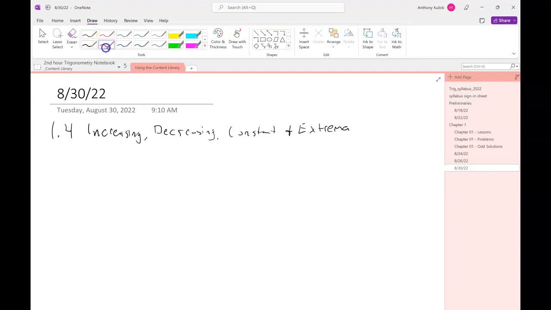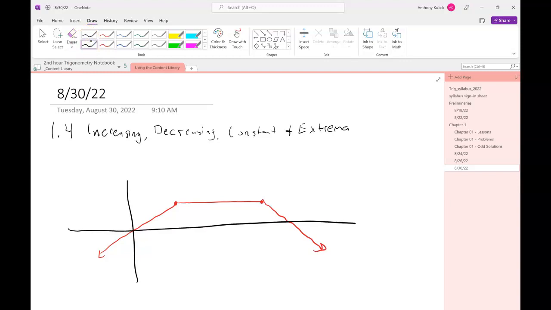So let's say we have some function. It's going like this. I guess I can put an XY axis in here. Okay, so we have some function.